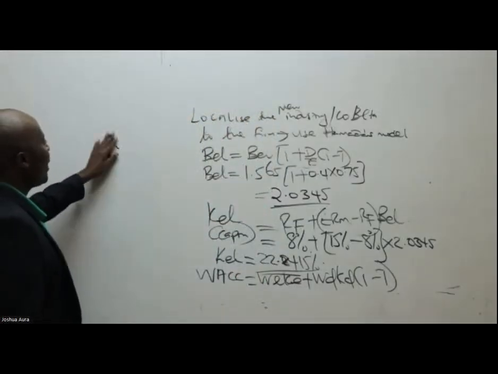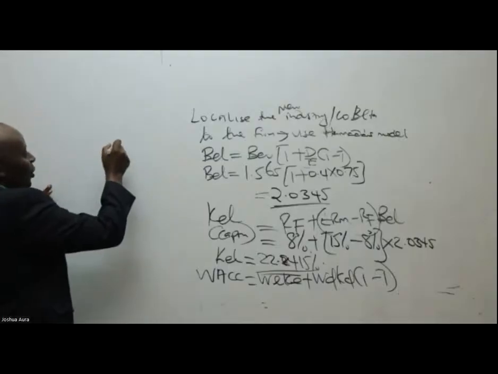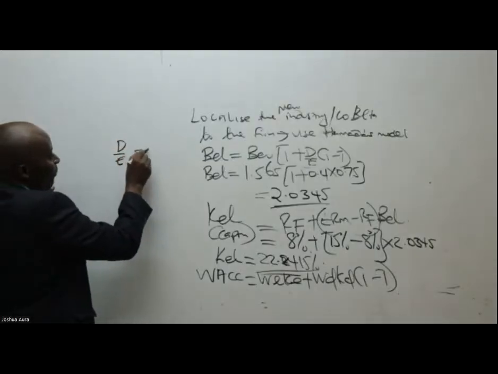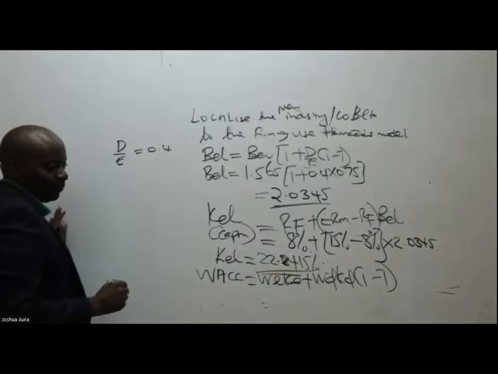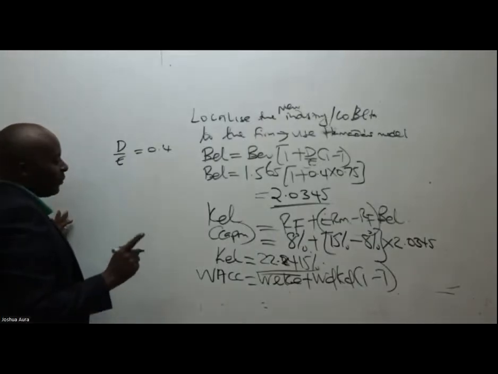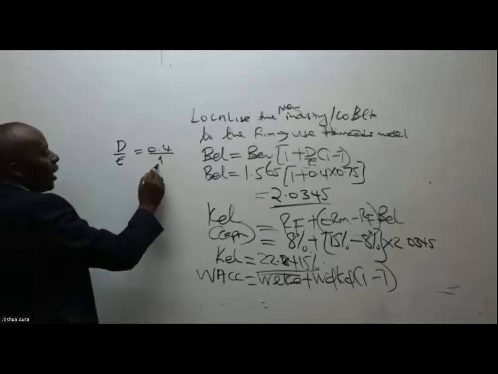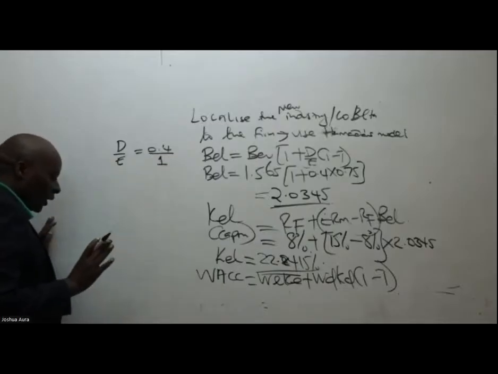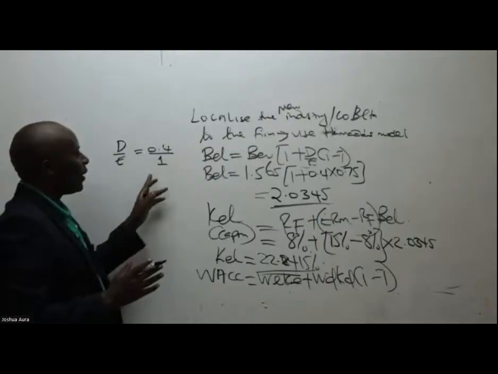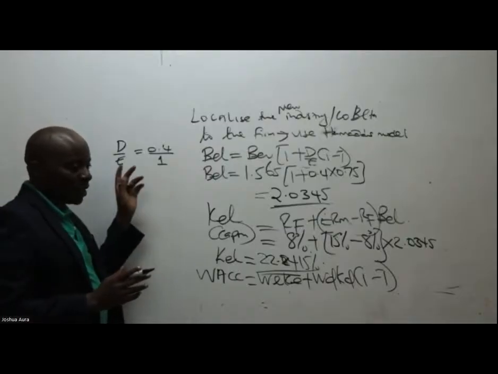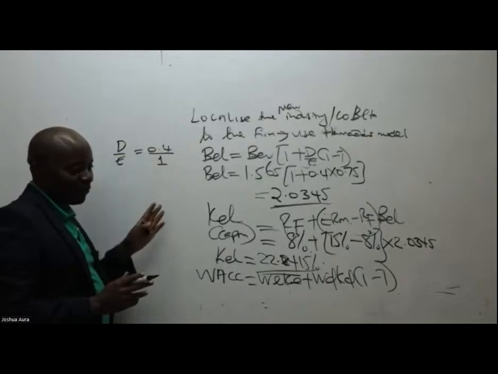When you are told here that debt to equity ratio is 0.4, you're supposed to know one thing, that this number has got an implied quotient. All the numbers, wherever they sit, have an implied quotient, which is 1. You see, 0.4 divided by 1 is 0.4.